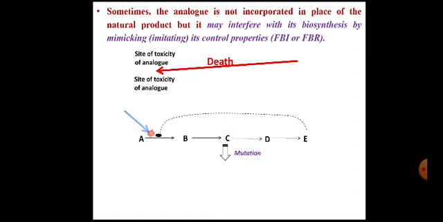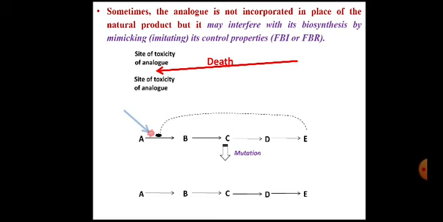That means the possible site of mutation should be related to the synthesis of this first key enzyme. That means mutation has to occur in the genes responsible for the synthesis of this first enzyme. Why will this happen?